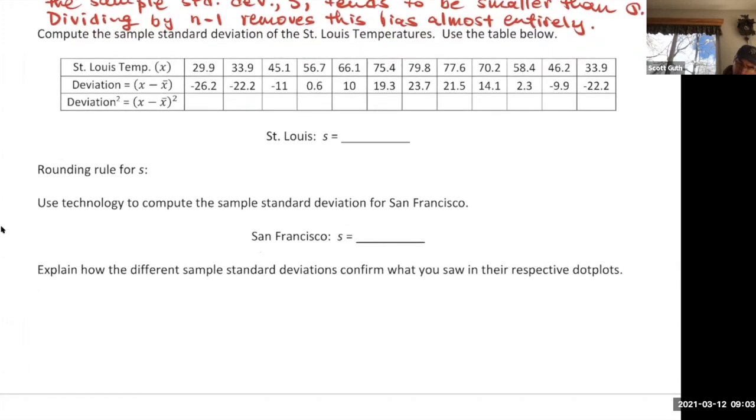And now remember, for the standard deviation, we have to square the deviations. So we're doing the sum of x minus x bar, we're squaring that, we're going to divide by the sample size minus 1 and then take a square root. Okay. So that'll be our process.